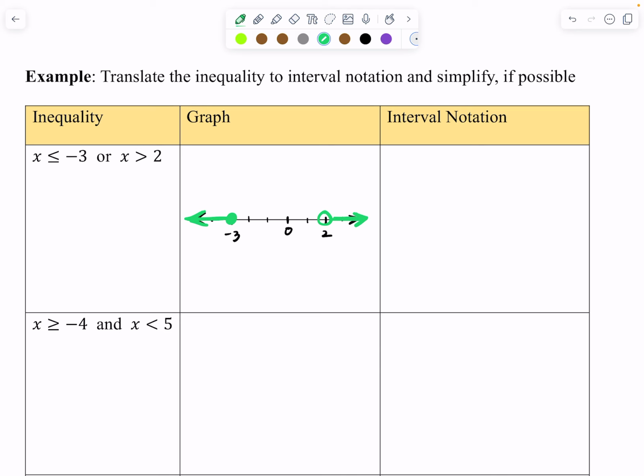And I do think that graphing, at least at this point, for going from inequality to interval notation, reading the graph can be really helpful because you're always thinking for interval notation about your real number line and what values would be included as part of the solution set or part of the interval that's being described.